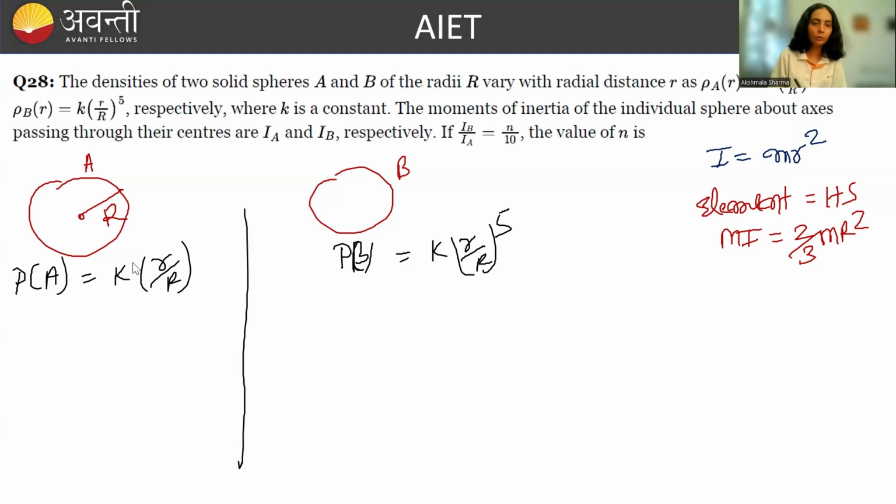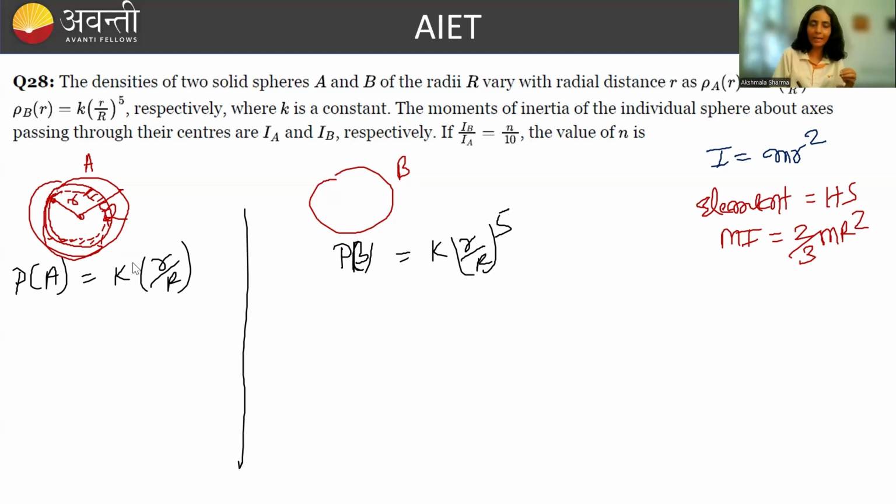Just see here, I'm going to do that for A. So for A, I'm going to select the element, which is a hollow sphere. So I will take any hollow sphere of radius r, whose thickness is dr, suppose. Since mass is distributed in the volume, our element should also have some volume.